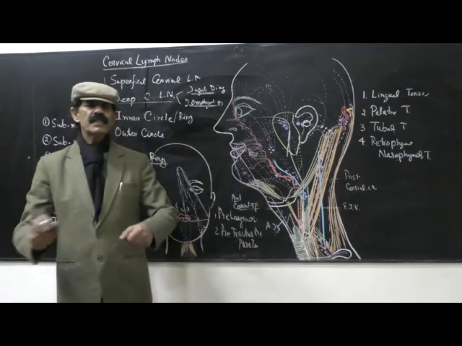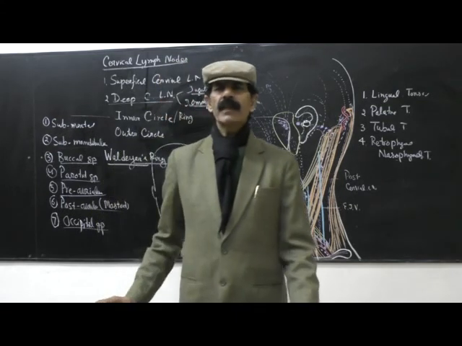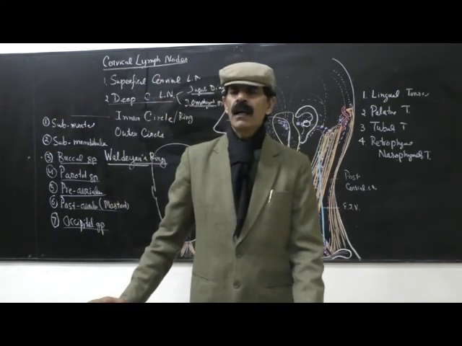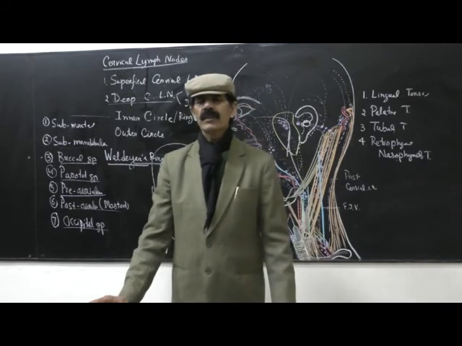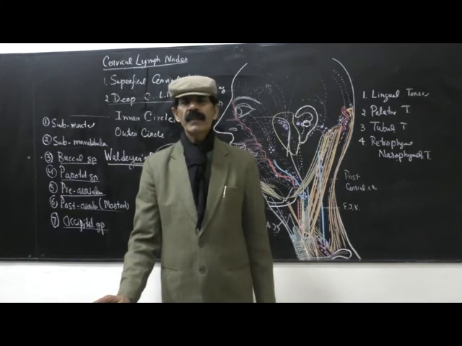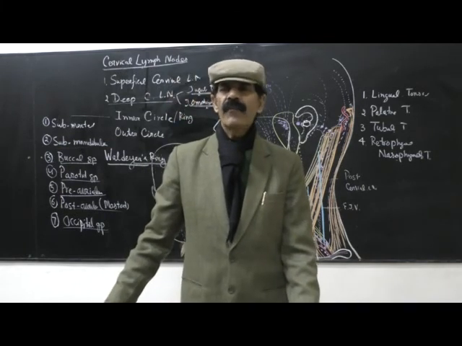So in this way we see that the whole of the lymph collected from the head and neck region ultimately reaches the jugulo-digastric and the jugulo-omohyoid deep group of the lymph nodes. Now the efferents from these lymph nodes ultimately form the right and the left cervical lymphatic channel.